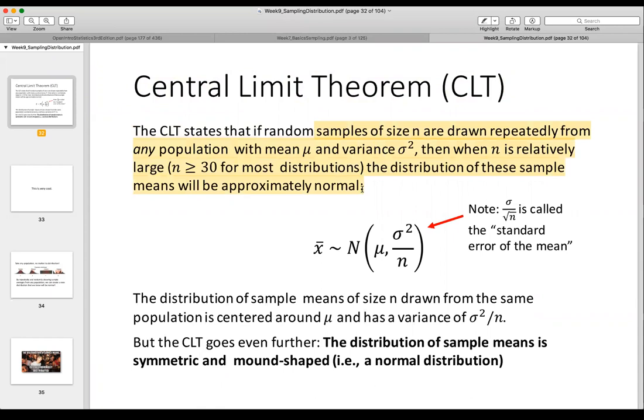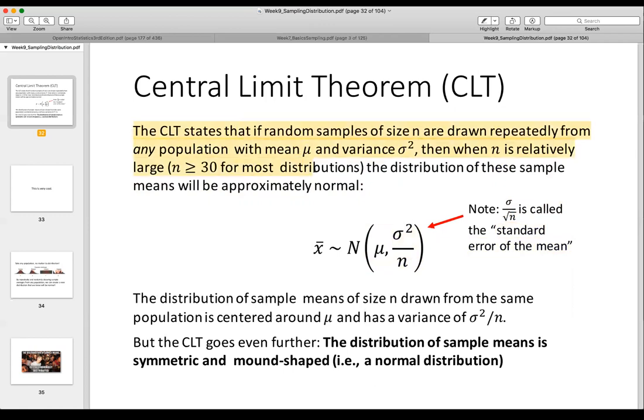And then we talk about how we can conclude this because of the central limit theorem, which states that if a sample consists of 30 independent observations, and if we do this many, many times, it's going to be normally distributed with population parameter mu and characterized by a variance of sigma squared over n. Remember that sigma divided by the square root of n is the standard error of the mean.